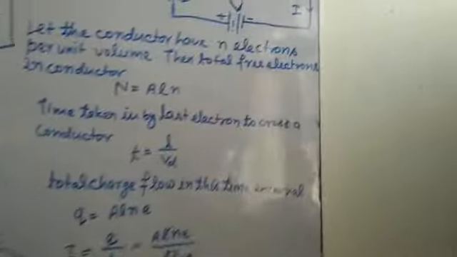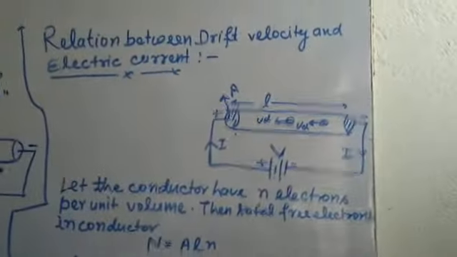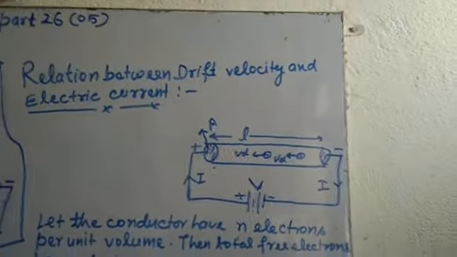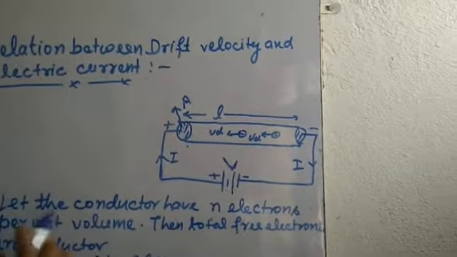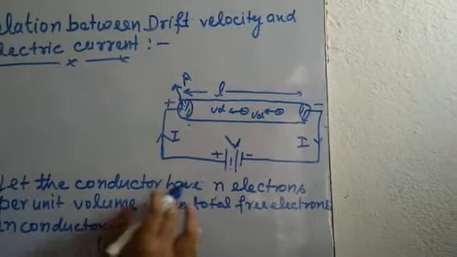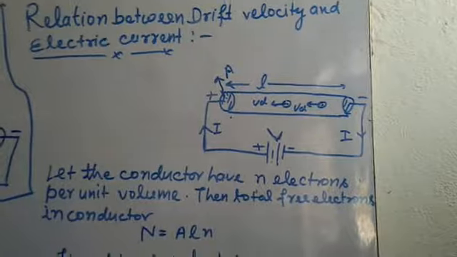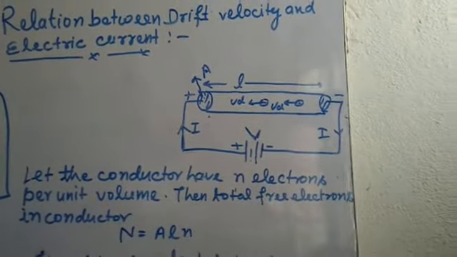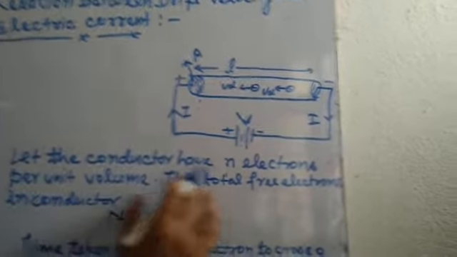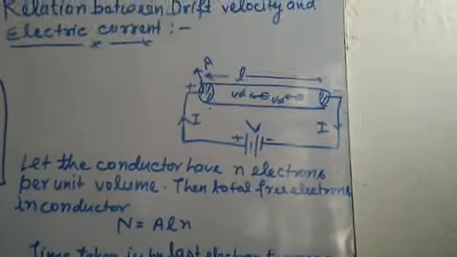Now come to the relation between drift velocity and electric current. Let the conductor have n electrons per unit volume, meaning there are n free electrons per unit volume in the conductor.